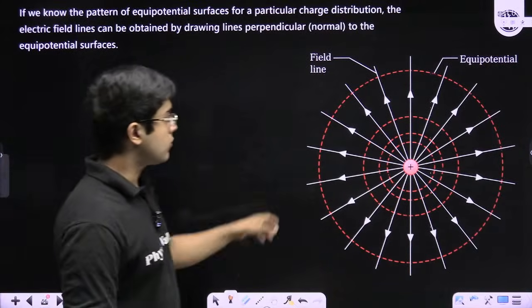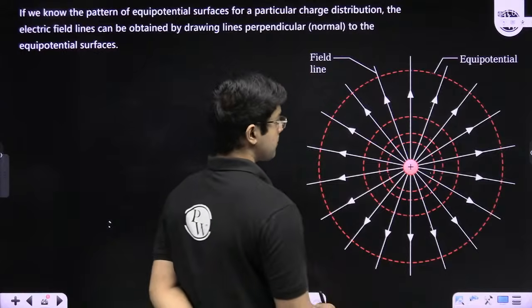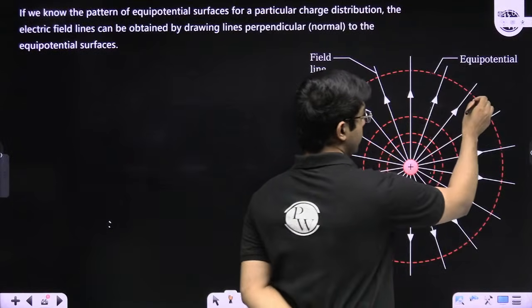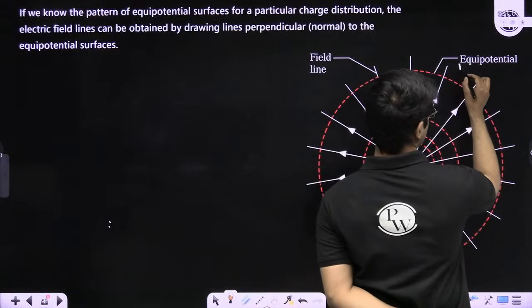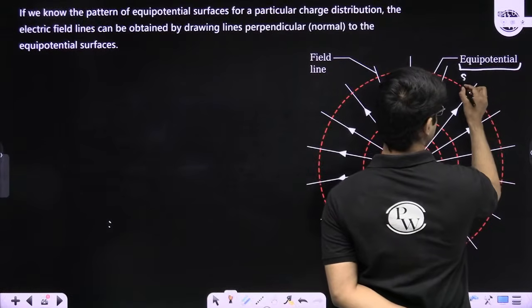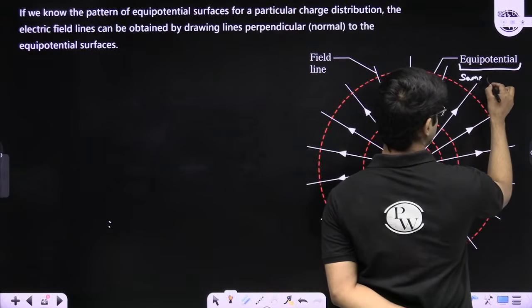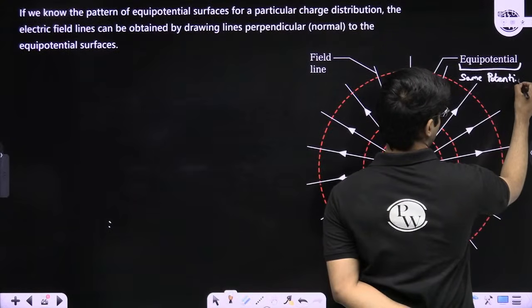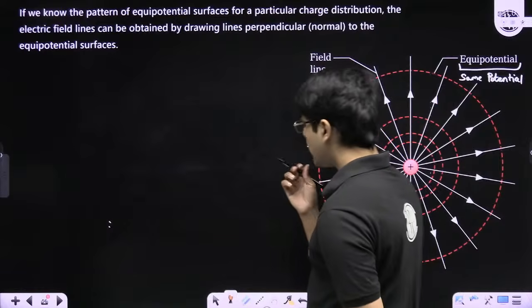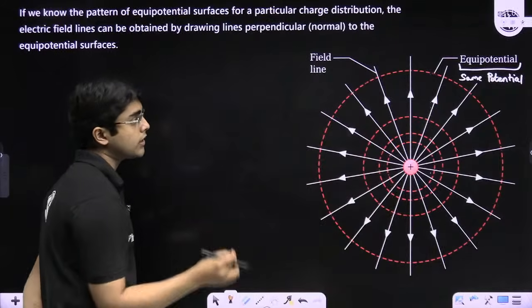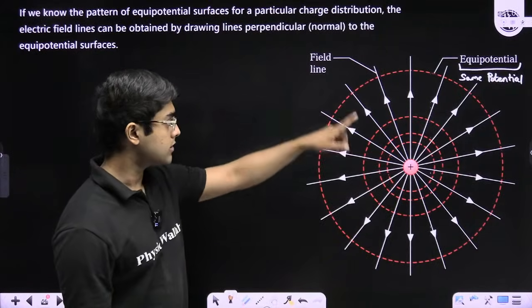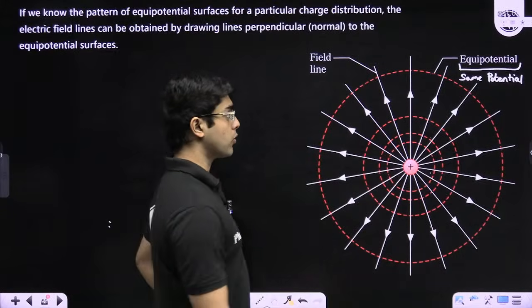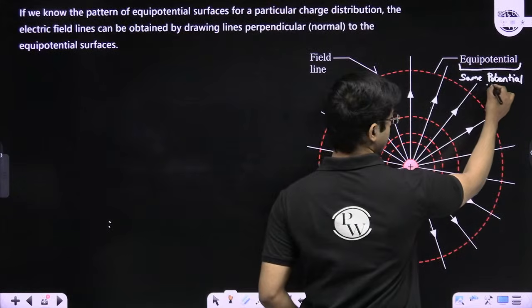Okay, so now let's talk about the equipotential surface. Equipotential, this word simply means same potential. So whenever equipotential surfaces are asked, what they're asking is, what is that surface where everywhere the potential is the same? The potential has the same value.